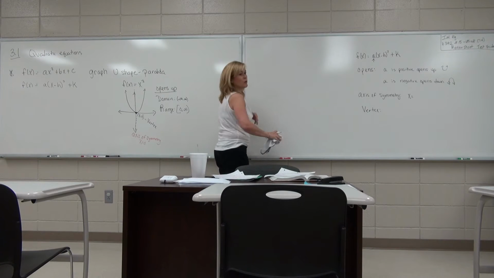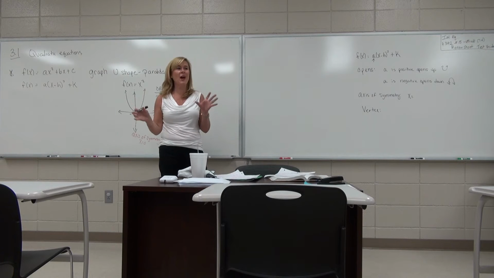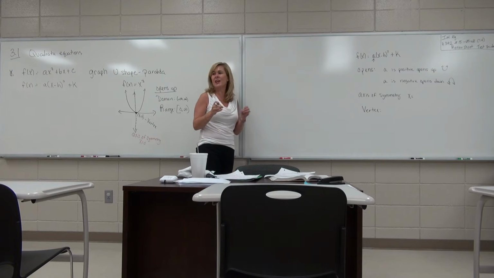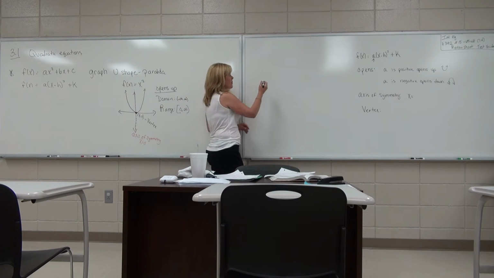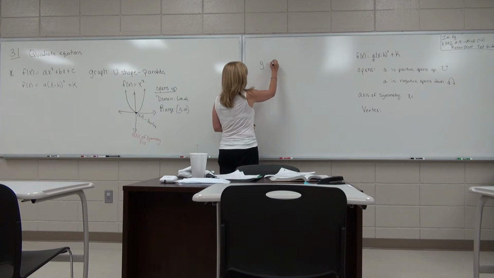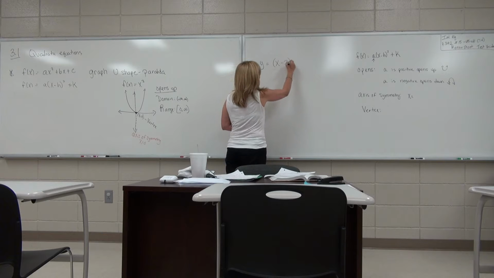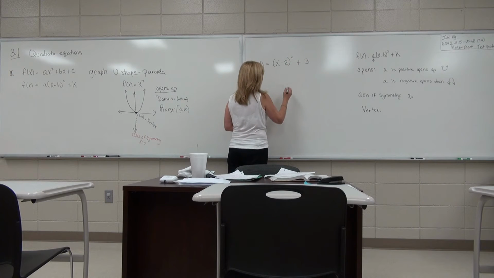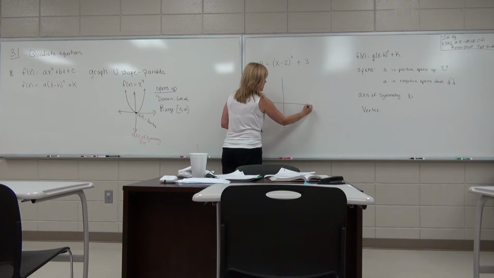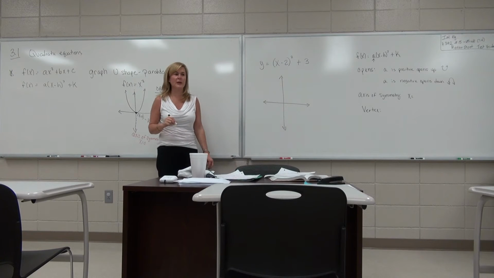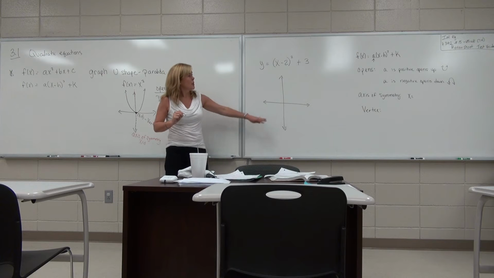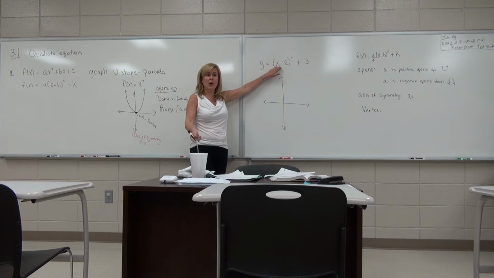And I'm going to tell you two different ways and see which way clicks with you the most. So right now, I just want you to listen. I haven't written anything over there yet. But let's say I gave you y is equal to (x minus 2) squared plus 3. Let's say this was your bonus on that last test instead of being an absolute value problem. Well, you would say, this 2 is being subtracted on the inside of the function, right?